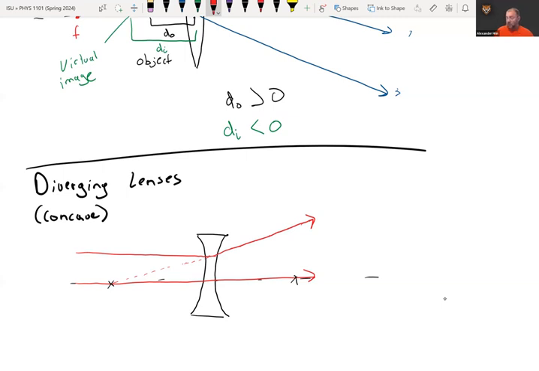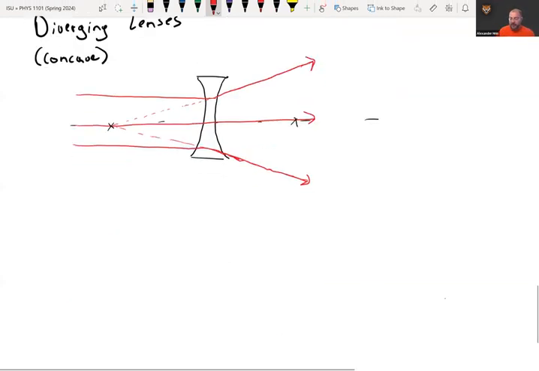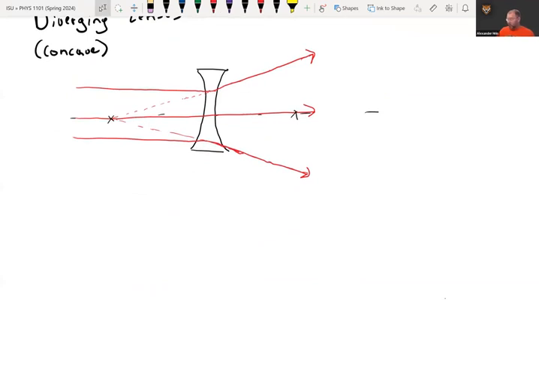So this time the light rays are being spread out. Same thing if we do this down here: I would do a dotted line and then guide this ray along like that. So that is how a diverging lens differs from a converging lens.